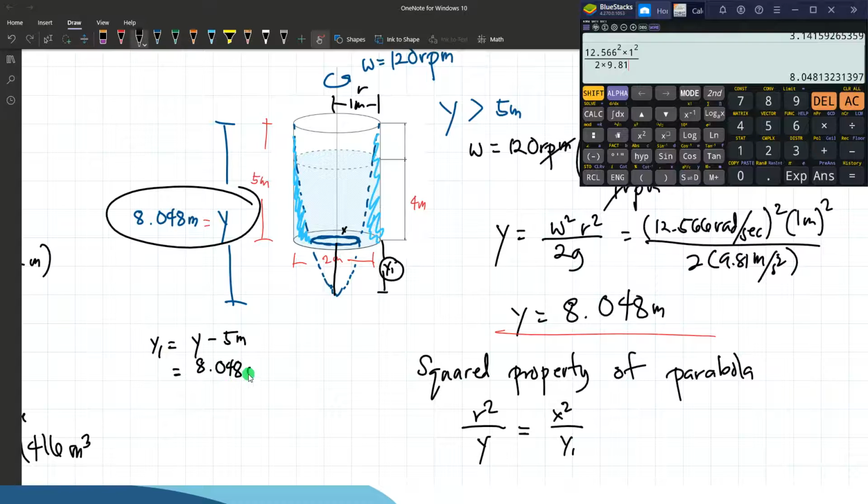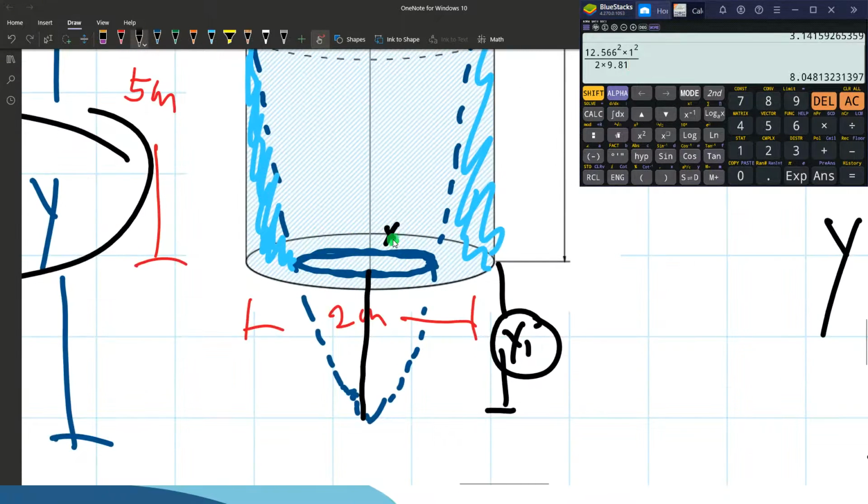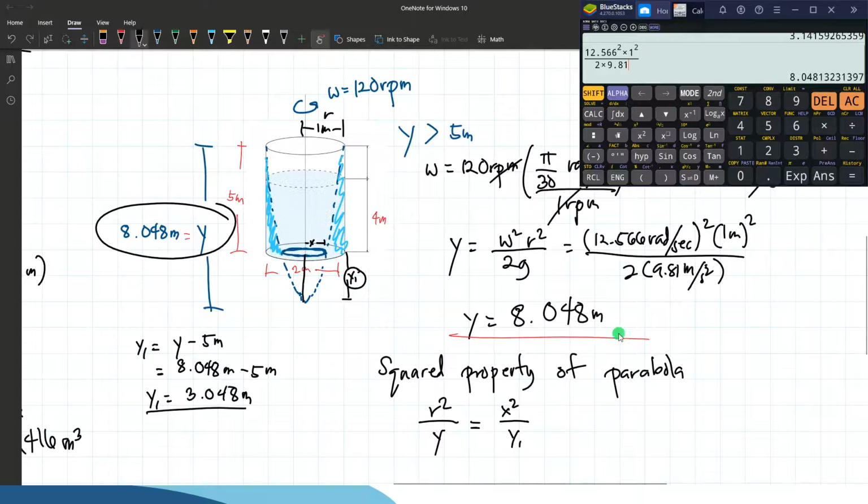So 8.048 minus 5 meters, y1 is 3.048 meters. Okay, so we determine here x. That distance x will serve as the radius of the circle that is uncovered on the bottom part of this container.